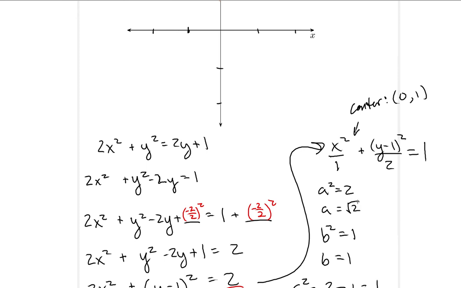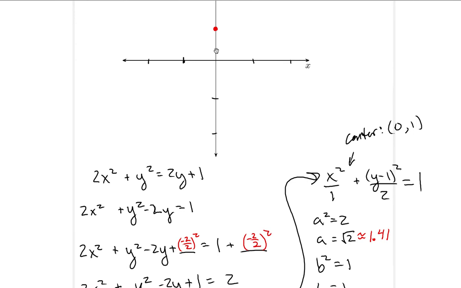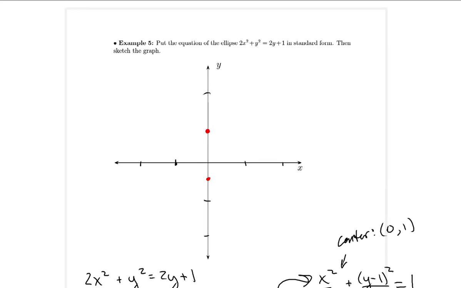Yes, we like exact values, but we also want to know how to get this thing graphed. So that's 1.41 when we put it in our calculator. So what that means is from center, I should go 1.41 in this direction and up 1.41 in that direction.